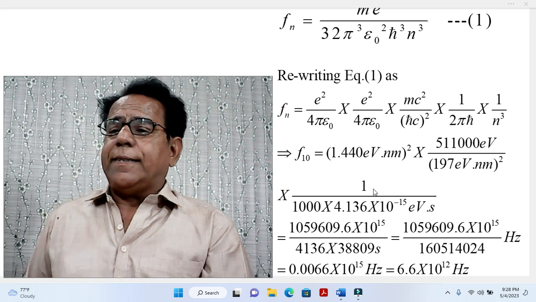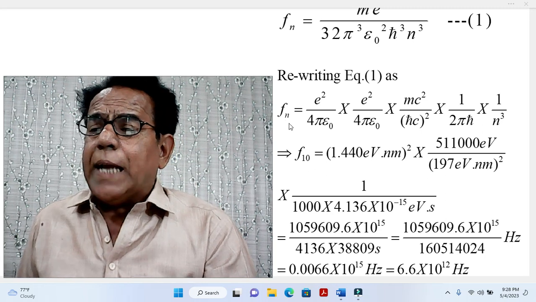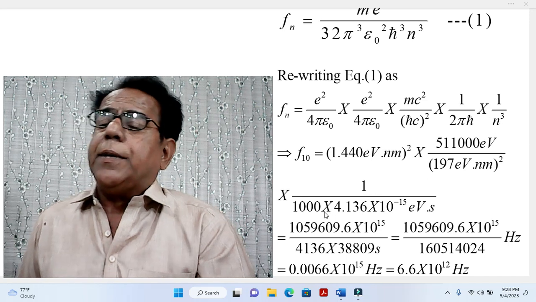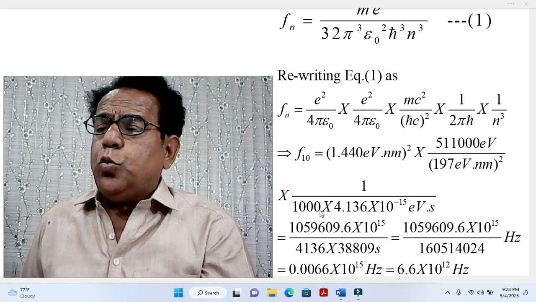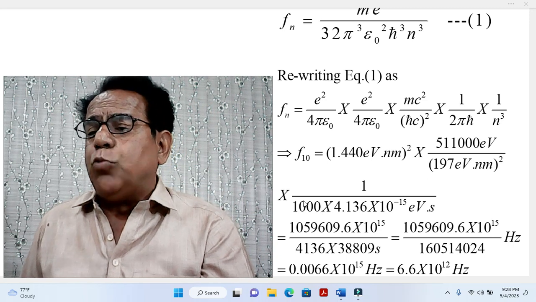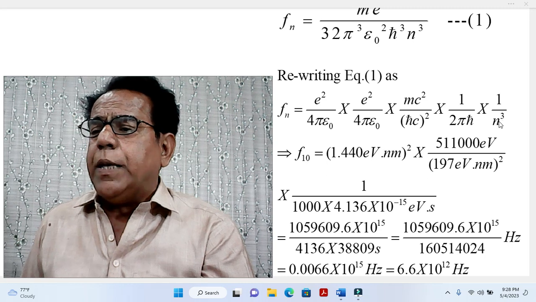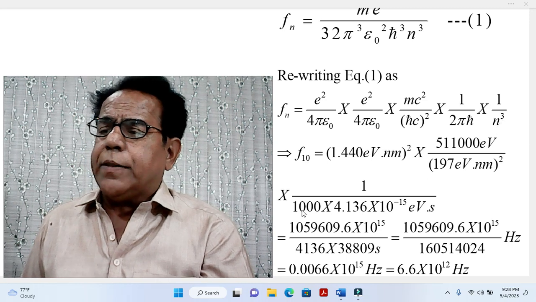Oh yes, I have understood. Because we have used n equal to 10, n cube will become 1000, because 10 raised to the power 3 is equal to 1000. So this 1000 appears when we use 10 in place of n. So n cube has been changed into 1000.